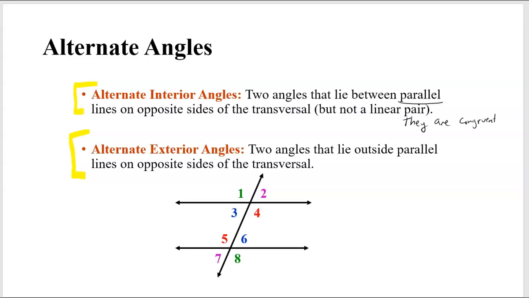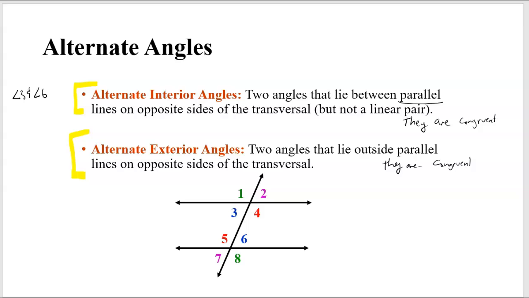And same thing for alternate exterior angles. Again, they are congruent. So alternate interior angles would be angle 3 and angle 6. So those are alternate. Alternate meaning they're on opposite sides of the transversal. Interior because they're on the inside of your lines.